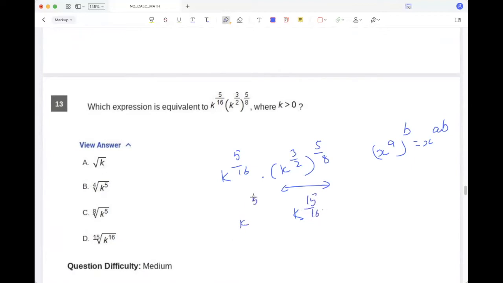And then this is 5 by 16. And x to the power a times x to the power b becomes x to the power a plus b. So this will become k to the power 20 by 16, which is k to the power 5 by 4. So this will be the fourth root of k to the power 5. Option B.